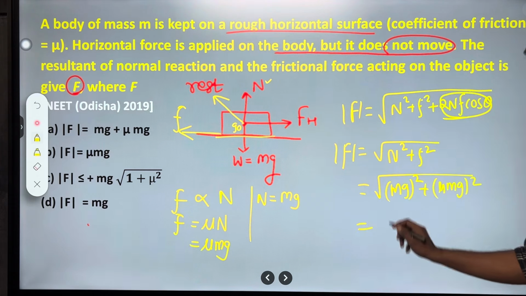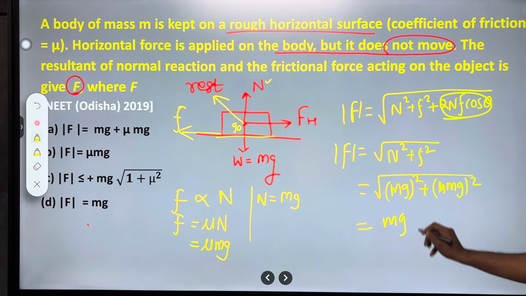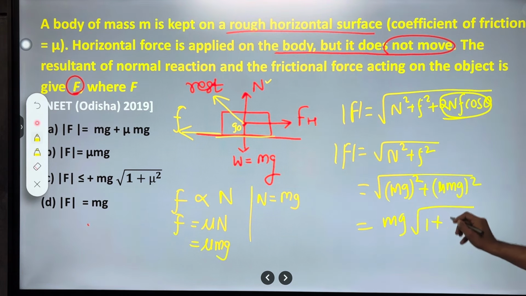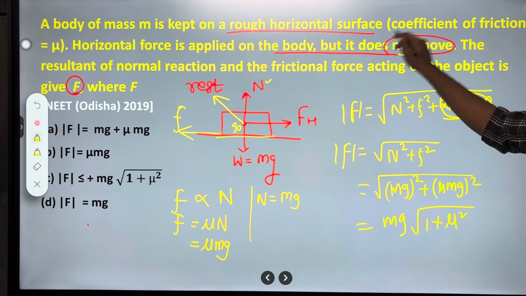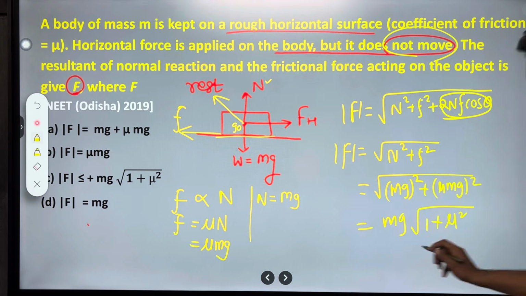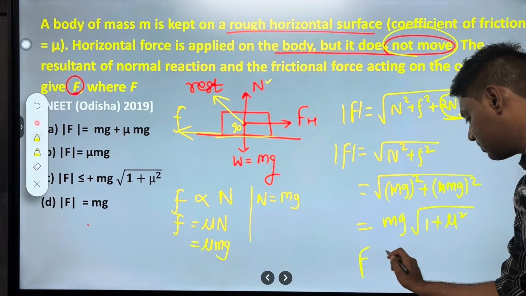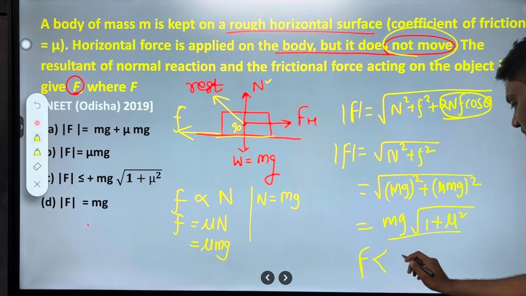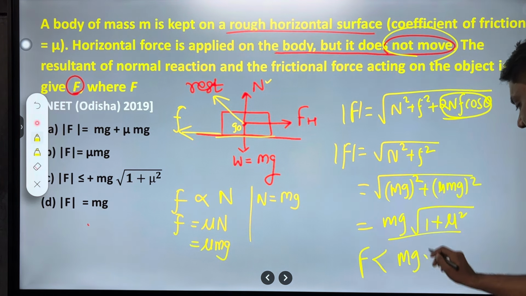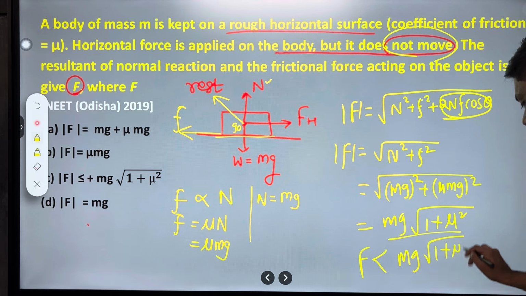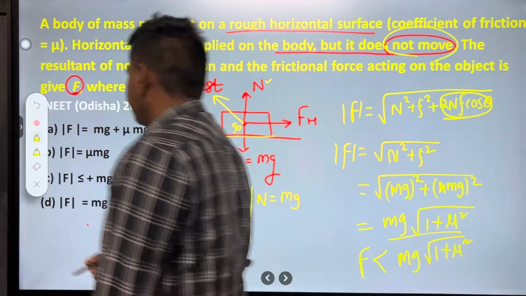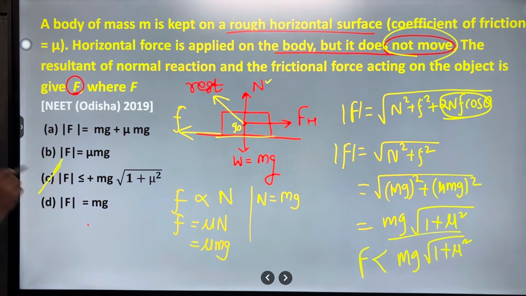Taking common (mg) square, the root gets cancelled, giving mg into the bracket 1 plus mu square. Now it is not moving, so the body is at rest. Therefore we can say that the resultant force is mg under root of 1 plus mu square. So the option is C.